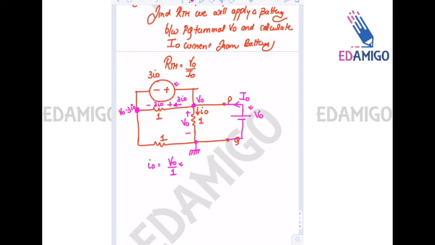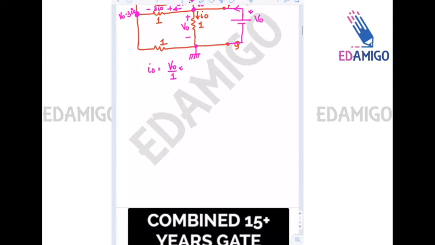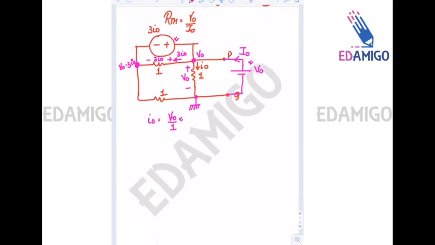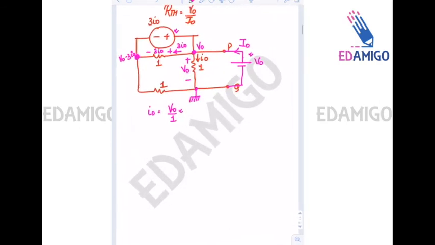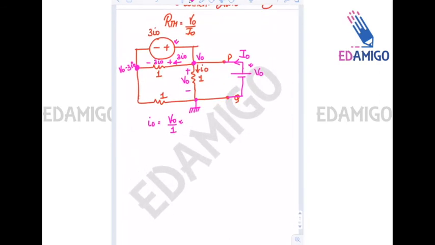Now I will redraw the circuit again for simplicity. This is plus minus 3V0, because I0 is equal to V0.